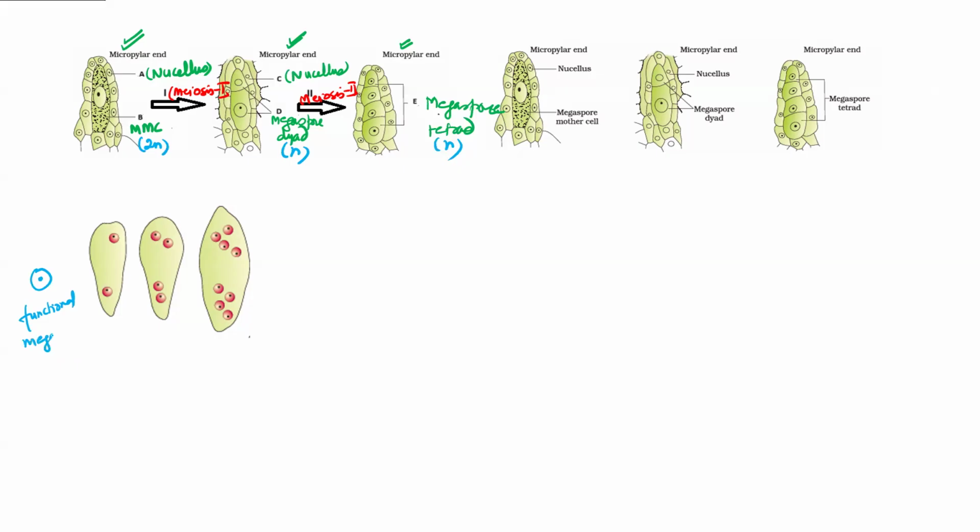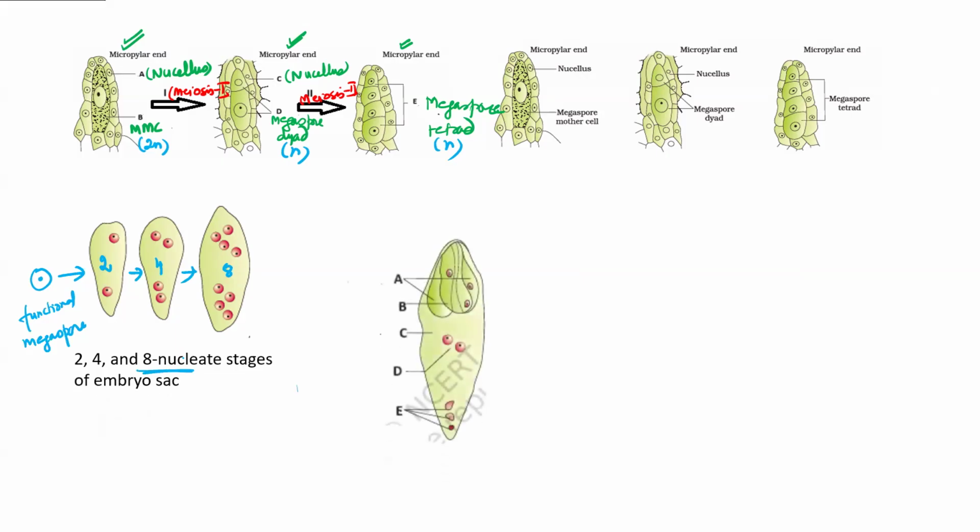The functional megaspore undergoes 3 successive mitotic divisions to make the 2 nuclei condition, 4 nuclei condition, and 8 nuclei condition, forming a 2 nucleate, 4 nucleate and 8 nucleate embryo sac. Please understand, till now cell wall formation is not done. Is it clear? It is nucleate, no cell wall is laid down.